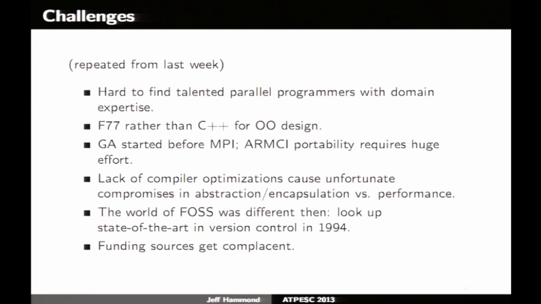Look up the state of the art in open source software practice in the 90s. CVS was amazing. Good old-fashioned classic Make was amazing. There wasn't a whole lot of the other power tools that we're used to.